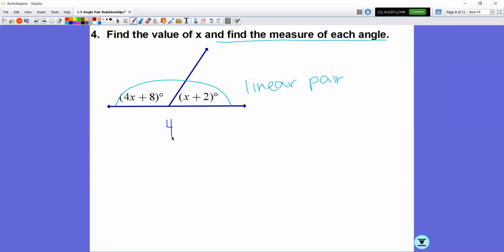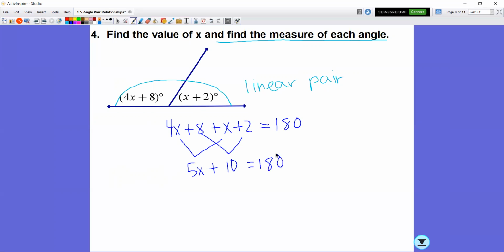So we take these expressions, 4x plus 8 and x plus 2, and we know together those two angles equal 180 degrees. Now we use our math magic and solve this. I have like terms on the same side, which gives me 5x, and like terms here, 10, equals 180. Subtract 10 from both sides, and I get 5x is equal to 170.